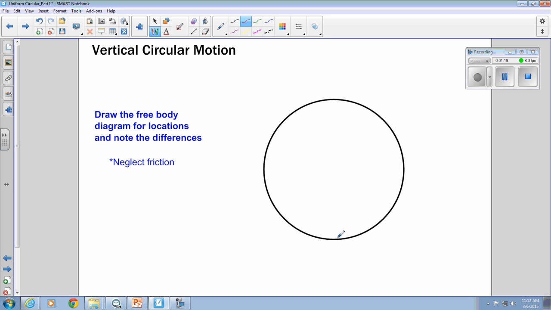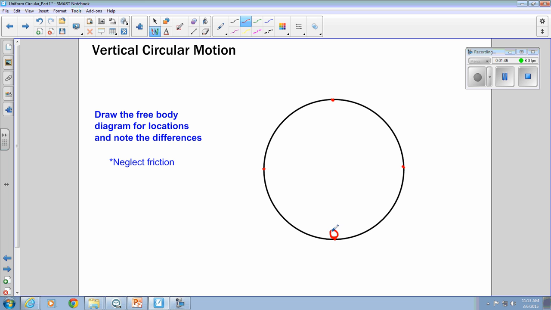Let's analyze it at the very bottom, at the very top, and on the two sides. And let's note what's happening in this free body diagram. We're going to neglect friction for this exercise.